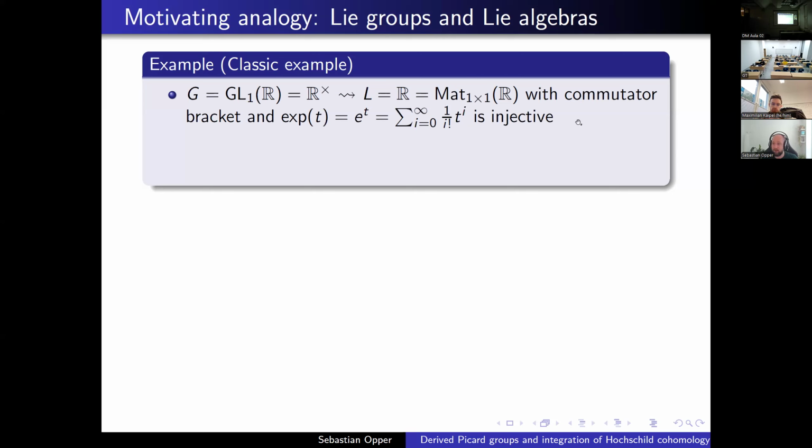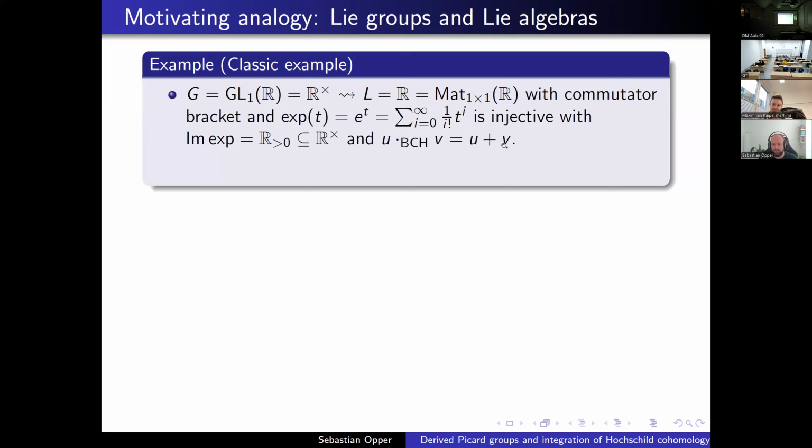And in this case, the Euler exponential is injective, and the image is exactly the identity component. This is not connected; it has two components, and this is the identity component. In general, the exponential does not need to hit everything in the identity component. It doesn't need to be surjective onto the identity component. It's a sort of lucky accident here.